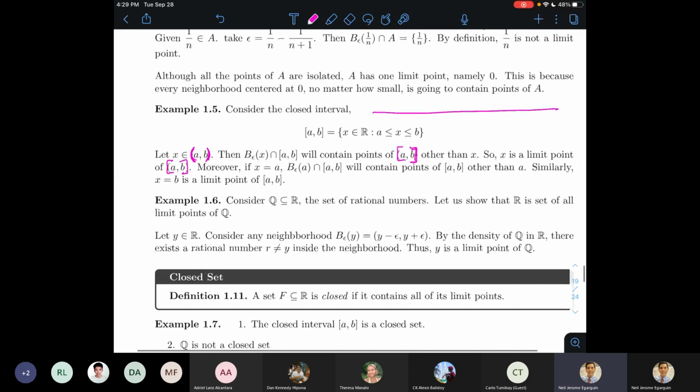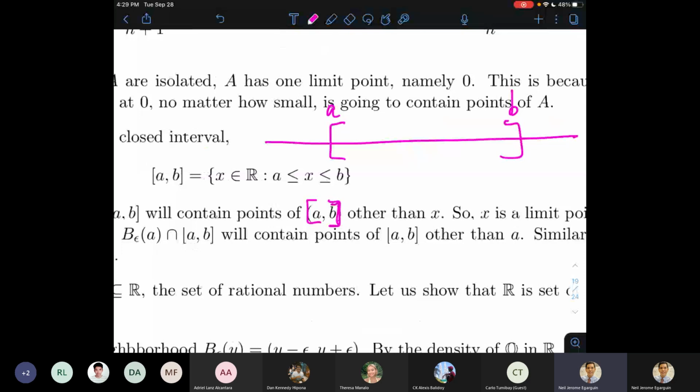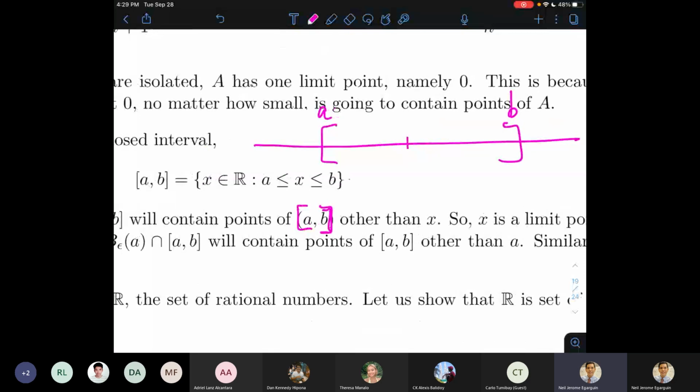So, ito yung set AB. Kumuha daw ako ng element X na nandun sa interior nung closed interval. So basta element siya ng open interval. It's easy to imagine na kahit ano pang epsilon yung piliin ko, laging yung epsilon neighborhood na yan, however small it is, will contain elements of the closed interval AB other than X. All right?